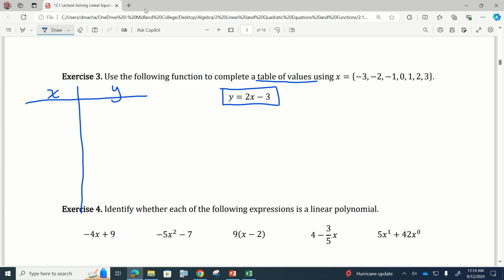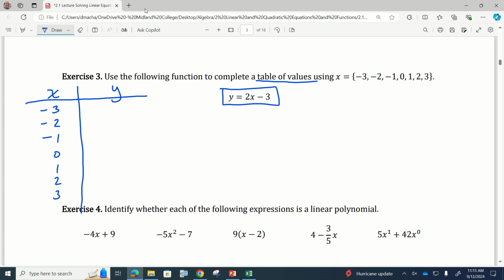In this list right here, it says use the x values -3, -2, -1, 0, 1, 2, 3. And then to create a table of values, what I have to do is evaluate this function at each of these x values. I'm going to plug in each of those values for x and then calculate the corresponding value for y. And so it's going to be 2 times x minus 3.